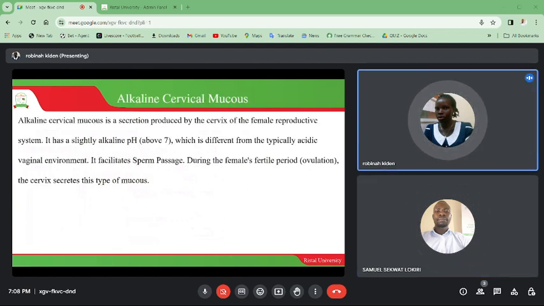So let's look at the alkaline cervical mucus. Alkaline cervical mucus refers to a secretion which is produced by the cervix of the female reproductive system. We know that the vaginal fluid is somewhat acidic in nature.